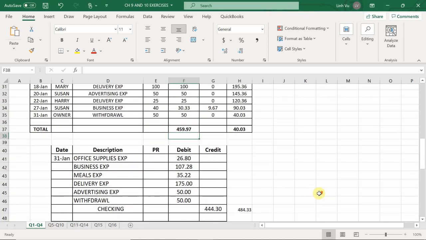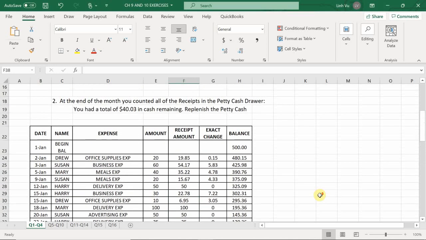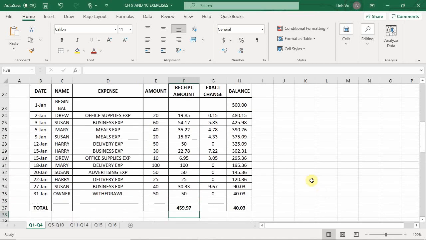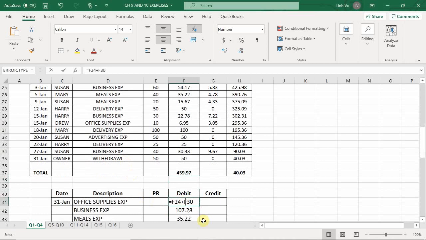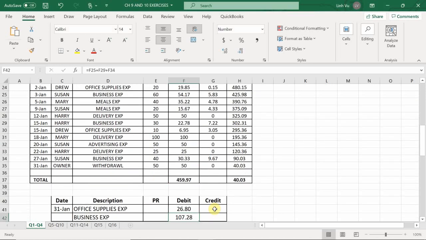So let's double check our work here. Okay. For office supplies, let's take a look. We have one office supplies here and one office supplies here. So let's go ahead and add those numbers again. So, let's see, 19.85 plus office supplies for $6.99 should be $26.